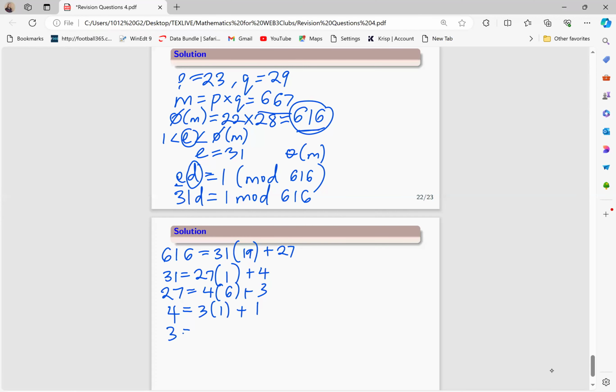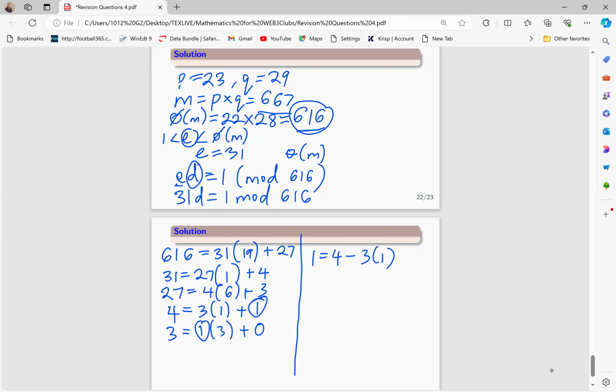And then 3 is equal to 1 times 3 plus 0. Now our GCD is going to be 1. So we're going to propagate upwards while 1 is the subject of our equation. So 1 is equal to 4 minus 3 times 1.